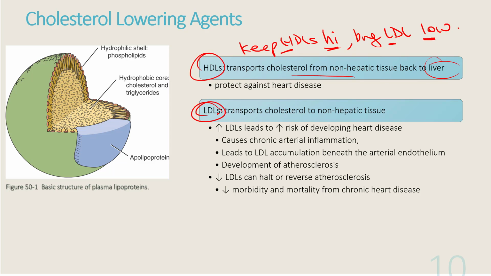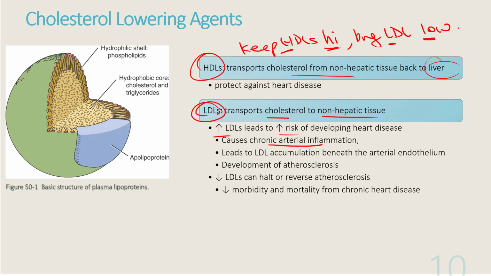LDLs are largely made in the liver, and they transport cholesterol from the liver to non-hepatic tissue, and so they basically promote the increase of cholesterol levels within the blood. All right, so LDL levels are related to increased risk of developing heart disease, especially with chronic inflammation, right?